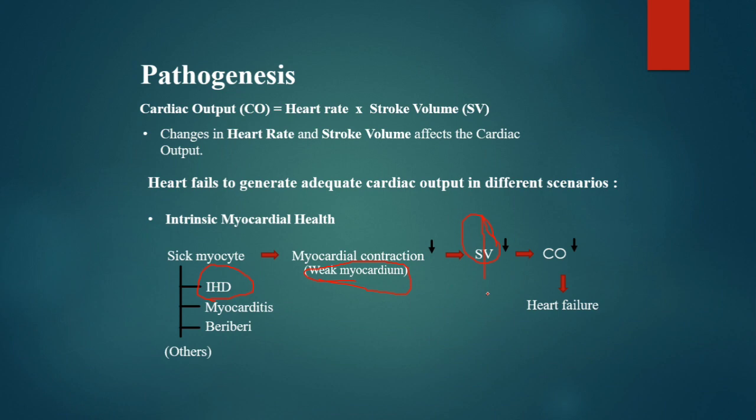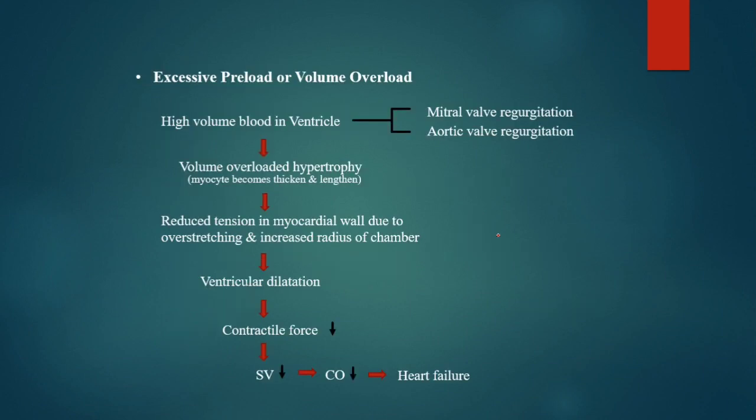So the force of contraction will be down, eventually stroke volume and cardiac output will be down, so that leads to heart failure. So next, take another scenario where a patient develops mitral valve regurgitation. Okay, mitral valve regurgitation, I have said before that in this condition, the valve is not closing properly.